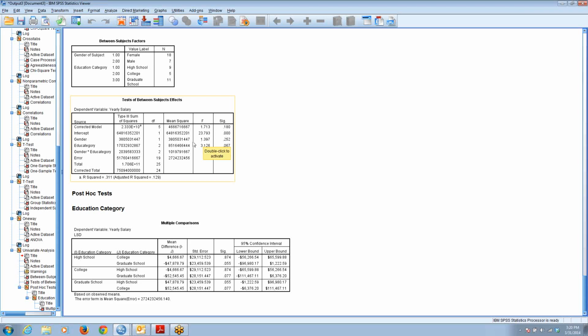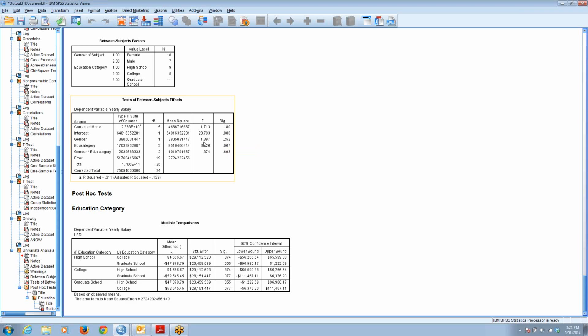And here you can see that there's no significant difference between genders when it comes to salary. 0.252 is bigger than 0.05, obviously. And so the F value is 1.397.